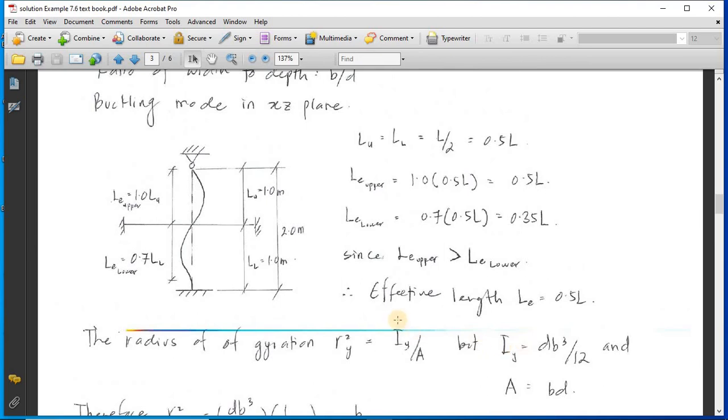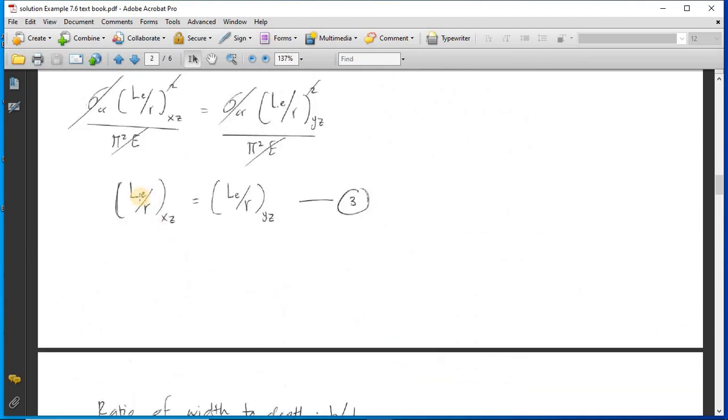We know that LE refers to the effective length or buckling length of the column, and R is the radius of gyration.